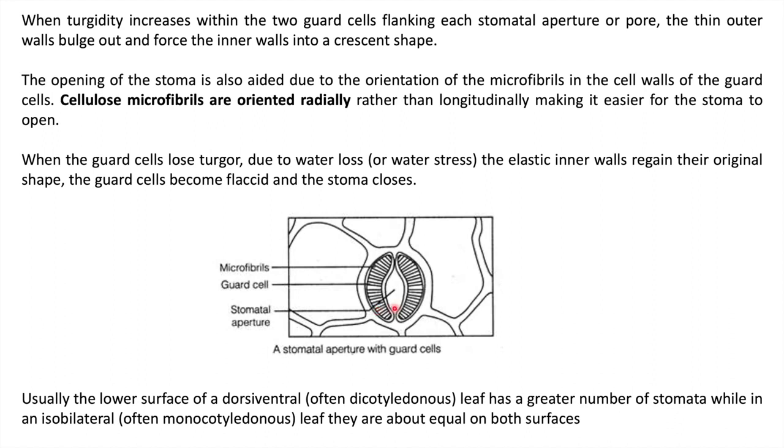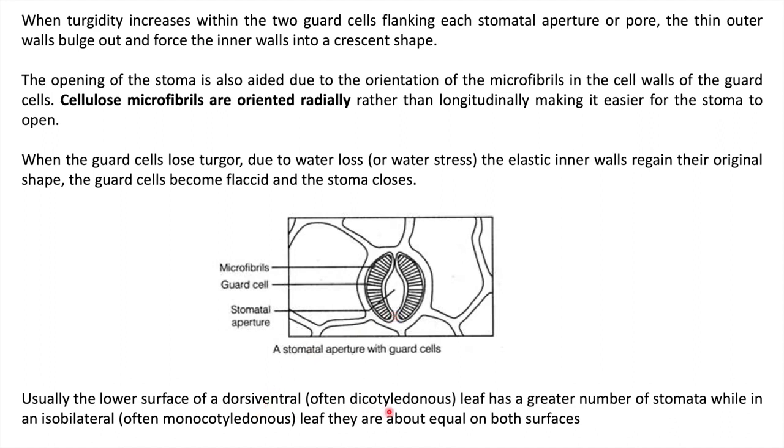So naturally these are radially oriented. Turgidity helps in opening of the stoma, and the radial orientation of microfibrils also helps in opening of the stoma. When there is loss of water, the guard cell regains its shape. It becomes flaccid and now the stoma will close.